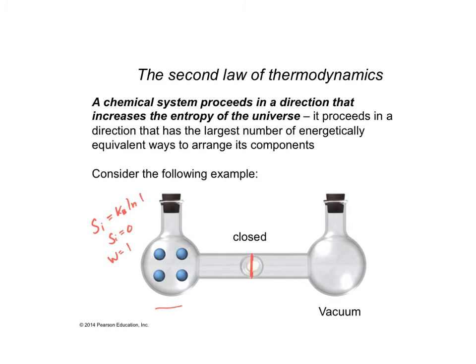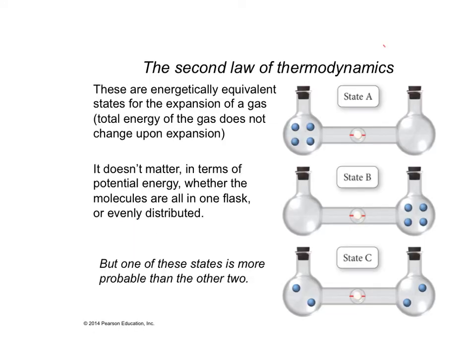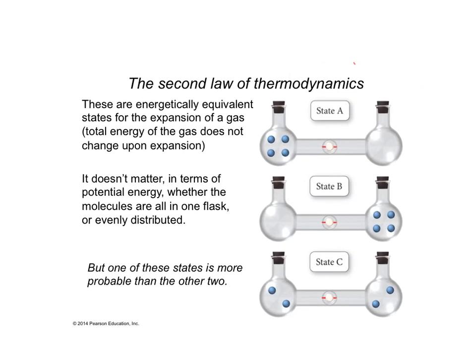Now we're going to consider 3 possible outcomes to this system once we open up the stopcock. The first outcome we're going to call state A, and we're going to have all of the molecules stay in the left side of the flask. Another possible outcome is all of the molecules move to the right side of the flask.